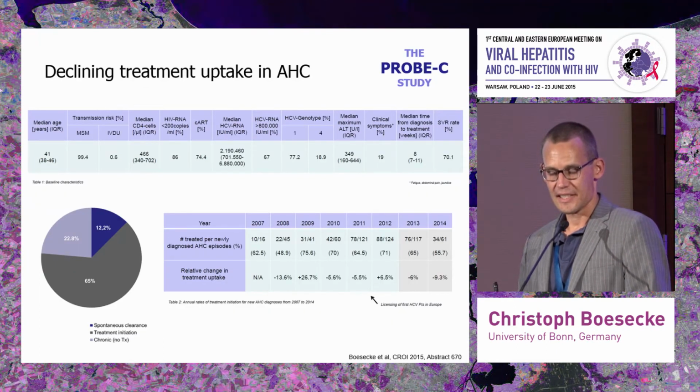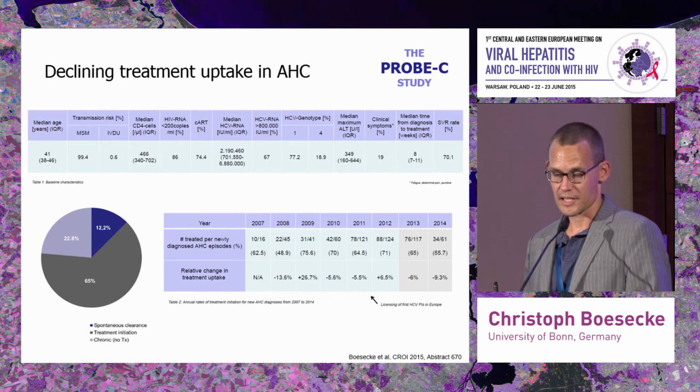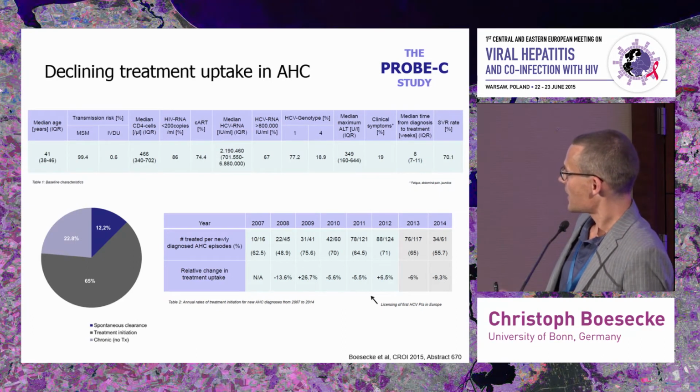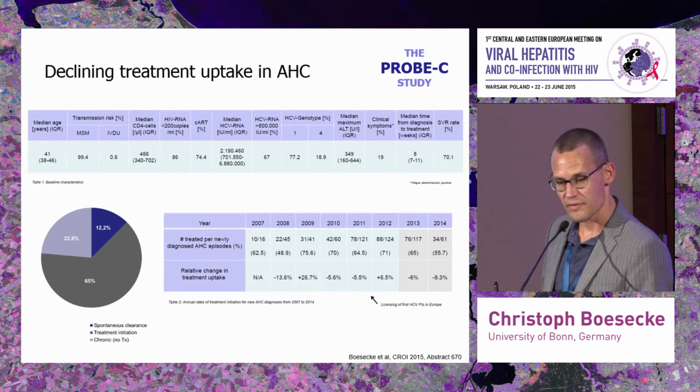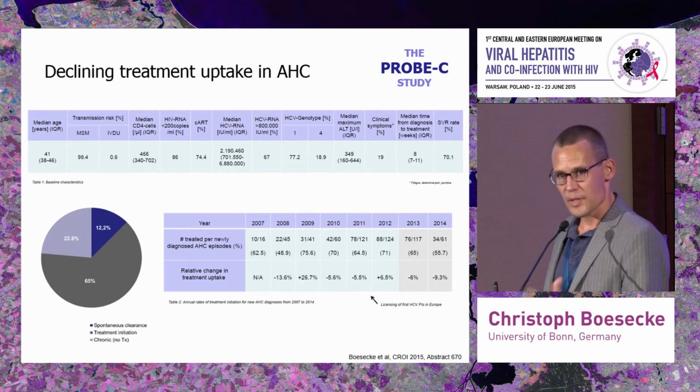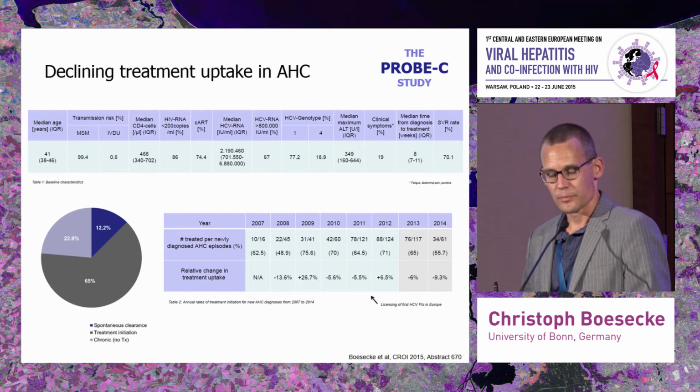But what we can see is that the physicians and patients are less inclined to start treatment with interferon ribavirin because everyone is anticipating that we will have DAAs soon, also for the treatment of the acute setting. These are data from the large European acute hepatitis C cohort. You can see after the licensing, at least of the first HCV PIs, took place in Europe, subsequently the treatment uptake rate went down.